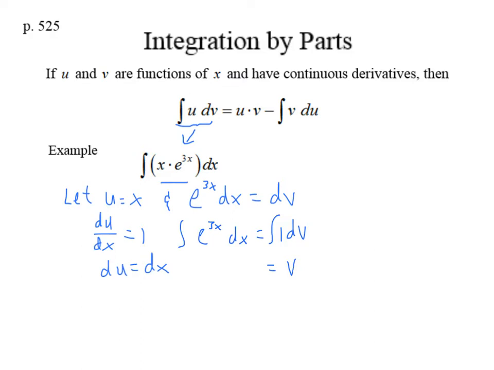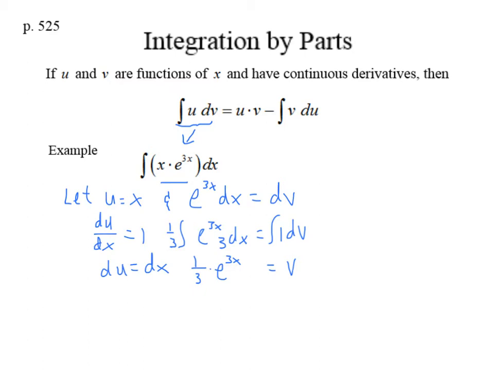We can multiply the dx by the 3, because that's the derivative of our inside function. We'll compensate with a 1/3 out here. So it looks like v is equal to 1/3 times e to the 3x, right? The 3 dx drops. We're just dealing with the outside function, which is e to a power, and that's just itself. And we have a 1/3 in front.